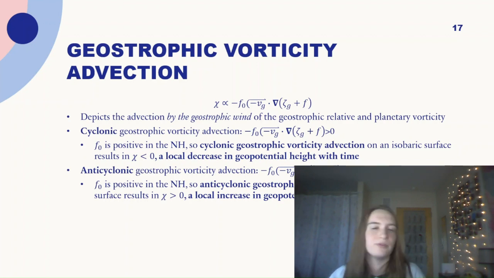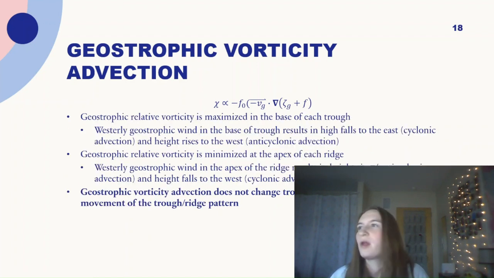So the things in bold here are the important parts, right? Cyclonic geostrophic vorticity advection results in a local decrease in geopotential height with time. Anticyclonic geostrophic vorticity advection results in a local increase in geopotential height with time. We're going to talk about why in a minute. Geostrophic relative vorticity is maximized at the base of each trough.